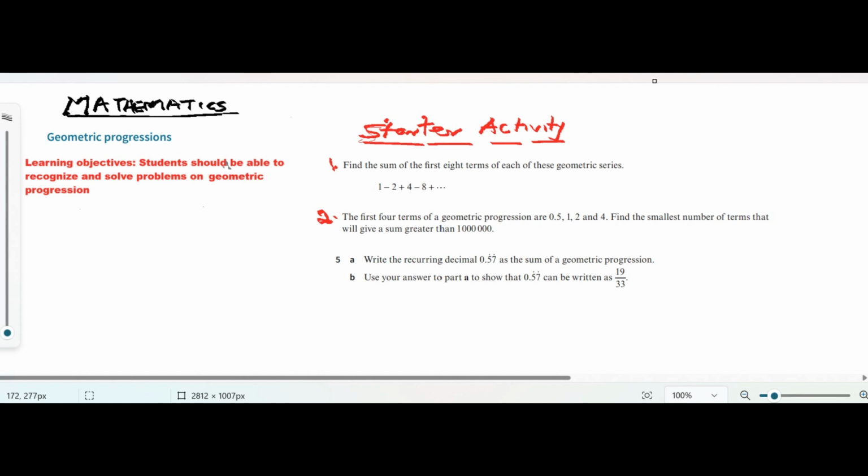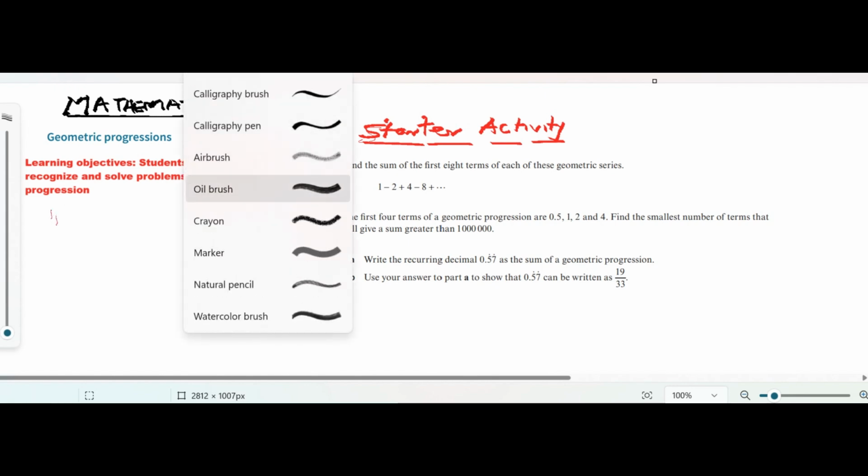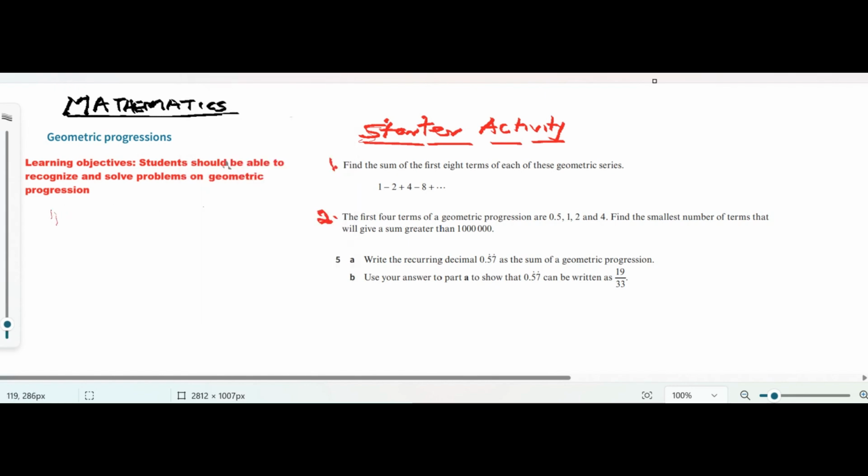Let me give an example. If I have 1, 2, 4, 8, and so on, this is a geometric progression.